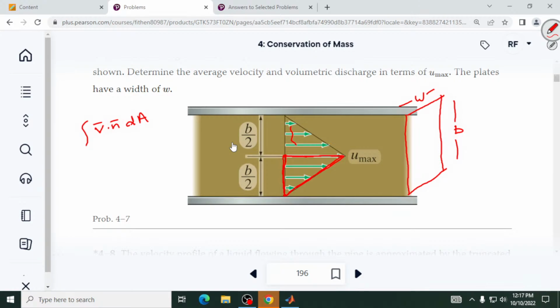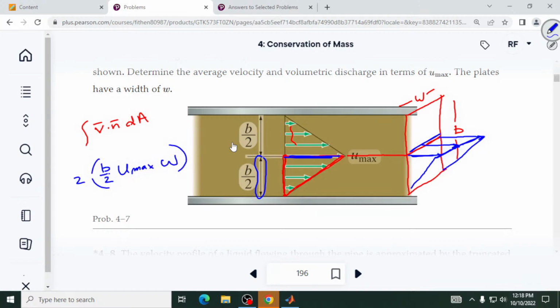So if I were integrating for this face, where the velocity comes out like this and it comes across, then the volume of this half chunk is B over 2, this distance, times U max, times this distance, W. Now you're going to have 2 of those. So you're going to have W, B, U max.